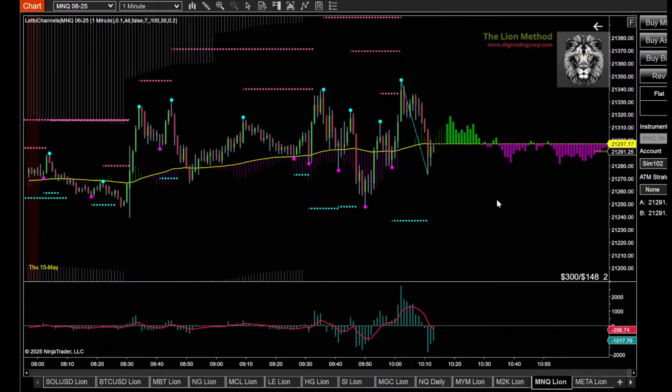Okay, that was our Russell trade. Now, how does the micro NAS look? Nothing overbought, oversold. The market has been weirdly quiet at the opens lately. We did have some big news come out at 8:30. There was a series of news events.